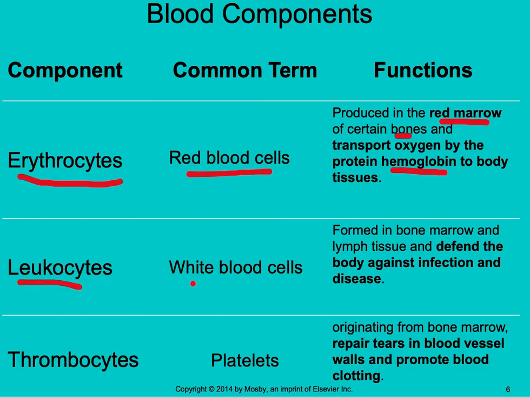Leukocytes, the white blood cells, are formed in the bone marrow and lymph tissue, and they defend the body against infection and disease. Thrombocytes, or platelets, originating from bone marrow, repair tears in blood vessel walls and promote blood clotting.